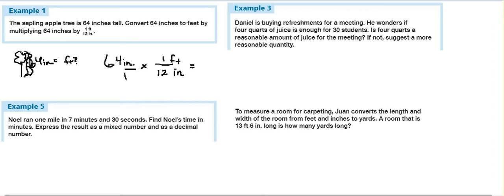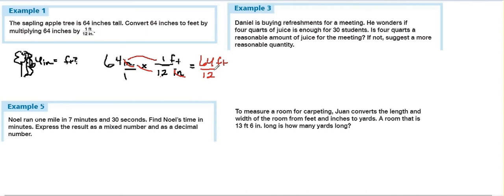Now, this way, when you multiply, you know how we cross-reduce? You can literally cross-reduce the label because they're diagonal. We could even start cross-reducing the numbers too, but to keep it simple, let's just do 64 times 1 foot, which is 64 feet, divided by 12.